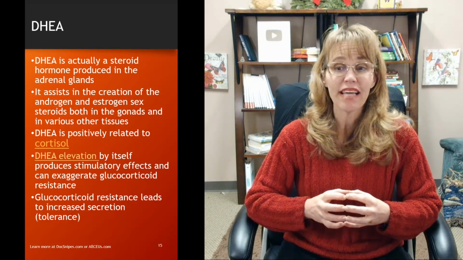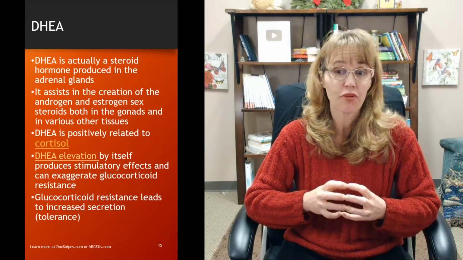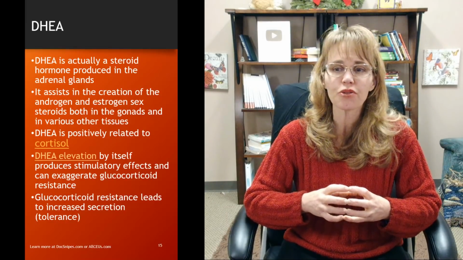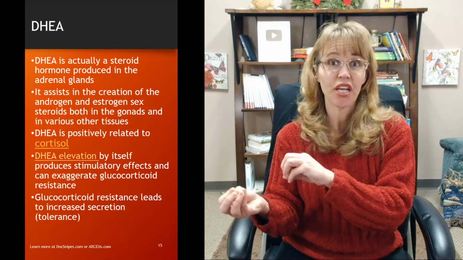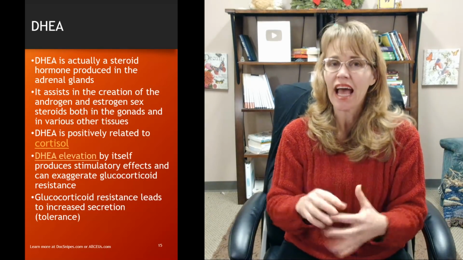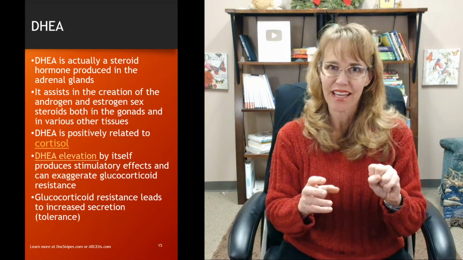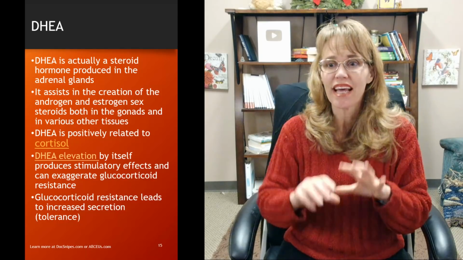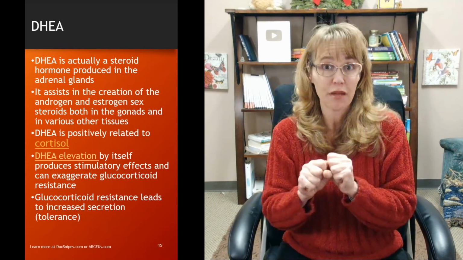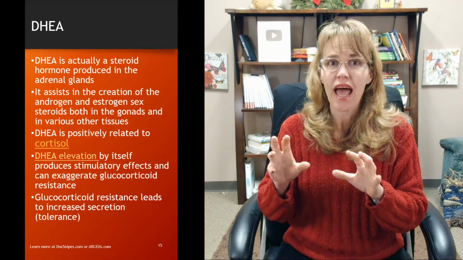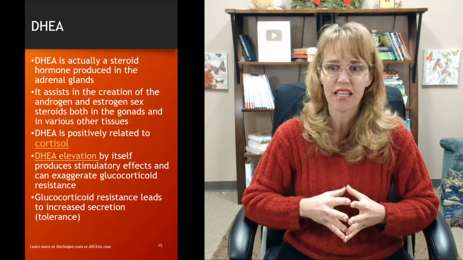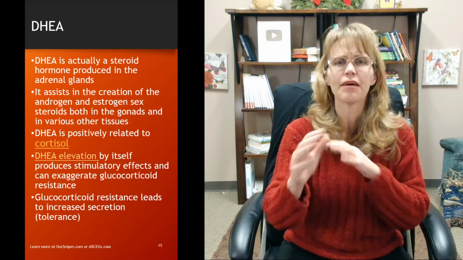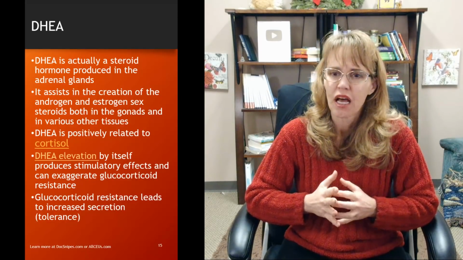DHEA elevation by itself produces stimulatory effects and can exaggerate glucocorticoid resistance. If people are taking DHEA or have too much DHEA, just like cortisol stimulates the stress response, DHEA can also stimulate the system and cause it to further turn down its sensitivity, if you will, so it becomes even more resistant.